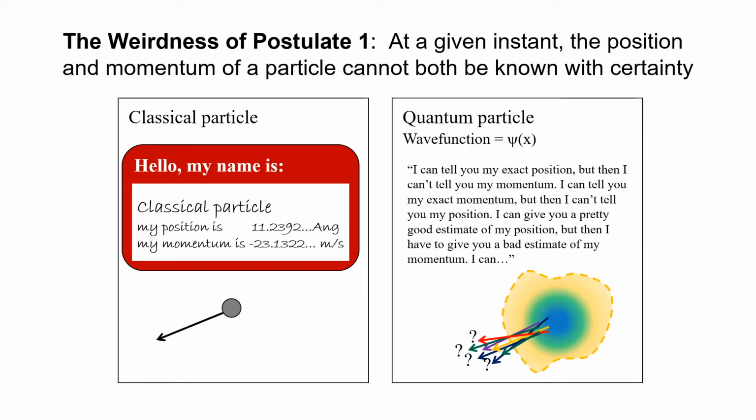But a quantum particle on the right cannot be so sure. It, for example, will say, well, I can tell you my exact position, but then I can't tell you my momentum. Or I could tell you my exact momentum, but then I couldn't tell you my position. I could give you a pretty good estimate of my position, but then I'd have to give you a bad estimate of my momentum, and so on. You get the idea. It sounds very unsatisfactory, and it is a fundamental attribute of quantum theory.